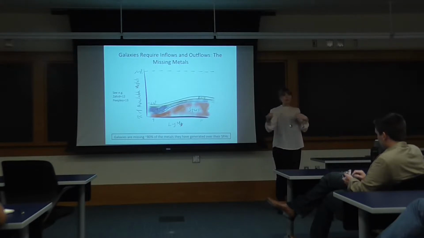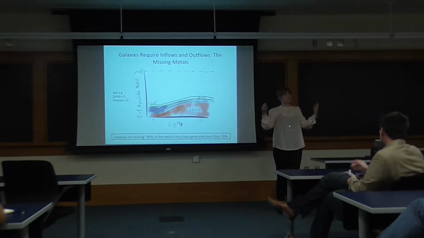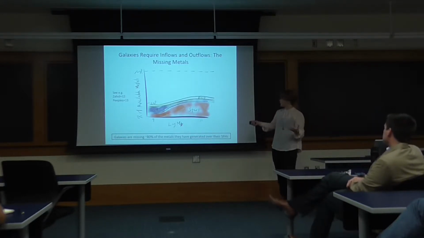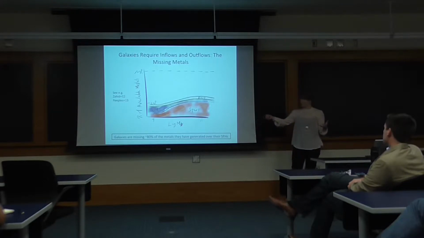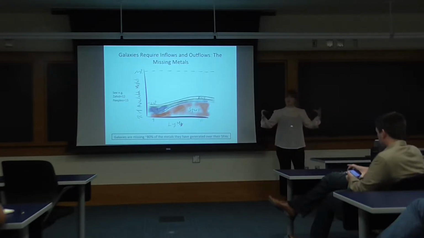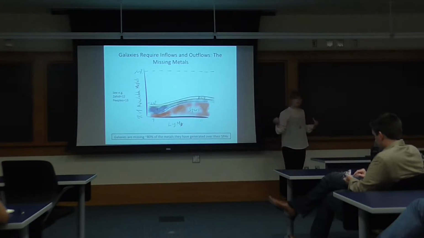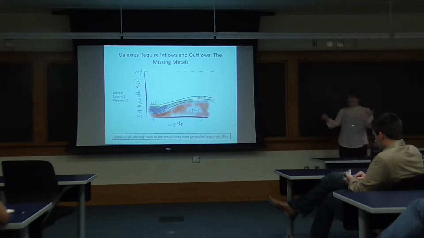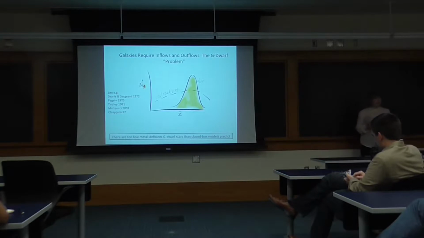And then you can count up the metals that you observe in a galaxy, in the interstellar medium, locked in stars and dust, all of these phases that are easily observable. And it turns out that if you only count stars, interstellar medium, and dust within the optical disk of a galaxy, galaxies are missing about 80% of the metals that they've generated over the course of their lives. And so again, this implies that they've lost them somehow. And again, maybe the existence of a circumgalactic medium.